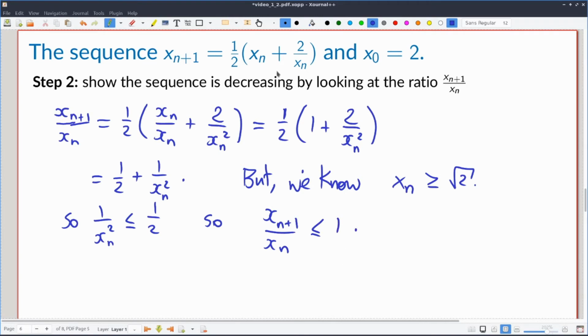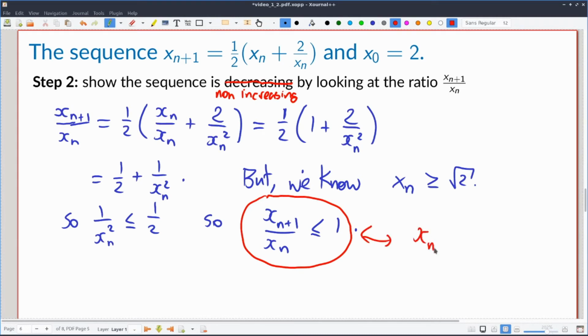Okay, and I said here decreasing. That was a mistake. What it should be is non-increasing. And indeed, this inequality here tells us that xn plus 1 is less than or equal to xn, so it's non-increasing.